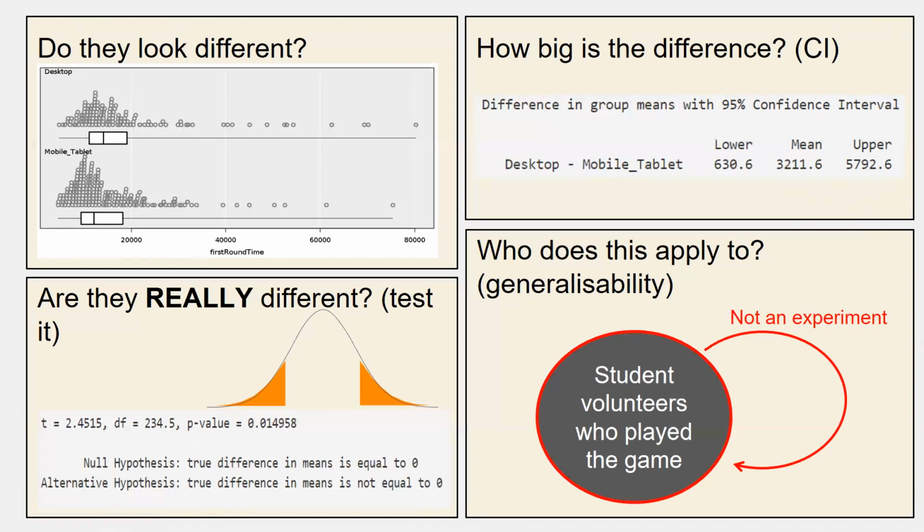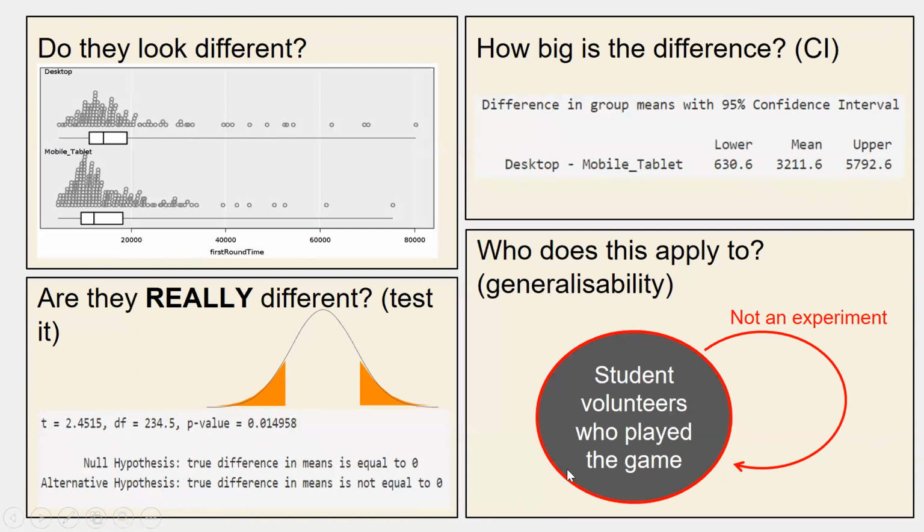So I can say that I've got strong evidence of a link between device type and game time, and that for these students playing on a desktop had a longer time. I can talk about the size of the difference, like how much does it slow you down by playing on a desktop.